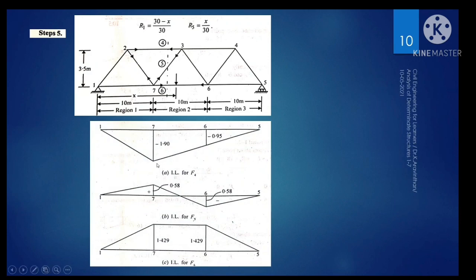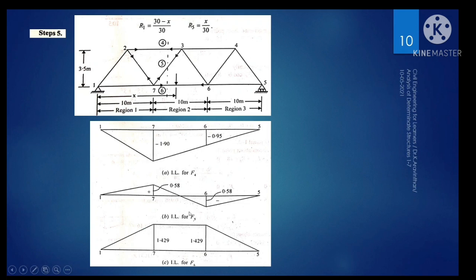Both are negative, so you can plot at bottom and connect all the points, that is 0, 1.9, 0.95 and 0. So at the point of x equal to 0 and x equal to 30, the influence line is 0.